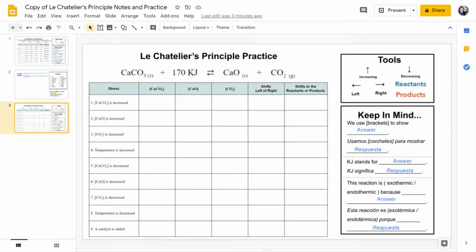So my suggestion is start with the keep in mind. We use brackets to show what KJ stands for, and then determine, is this reaction exothermic or endothermic? And then tell me why. So again, we're looking for those kilojoules.